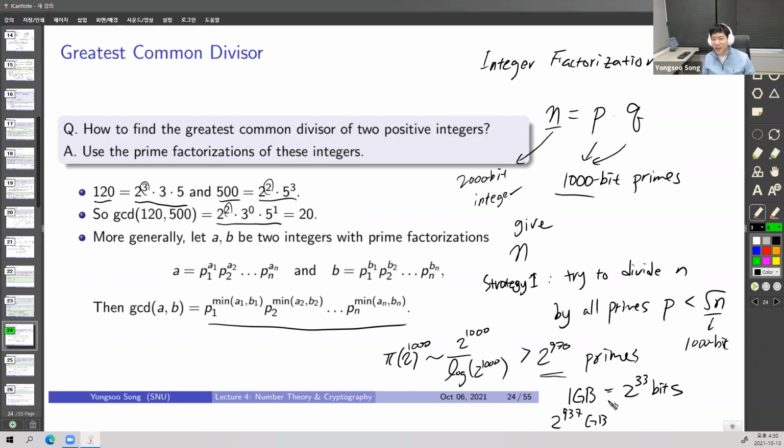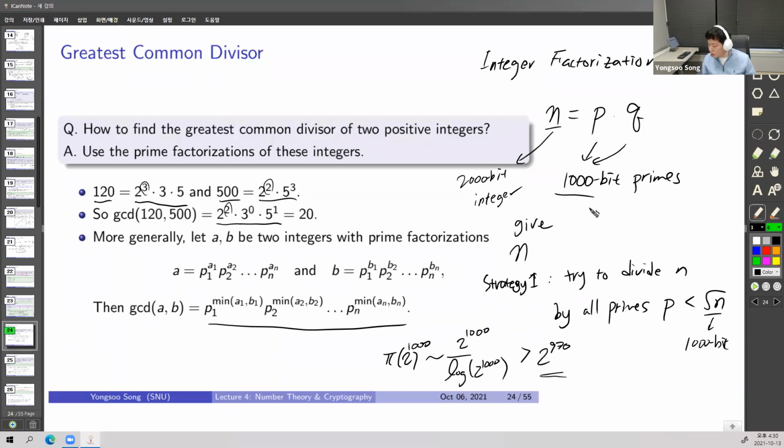It's just physically impossible. So that's why this method is not practical.